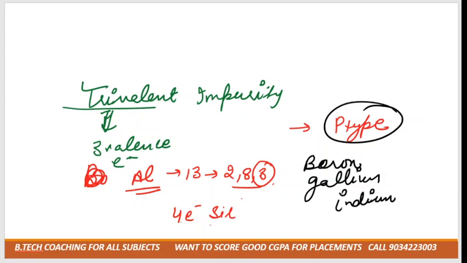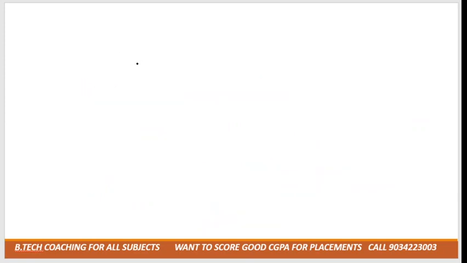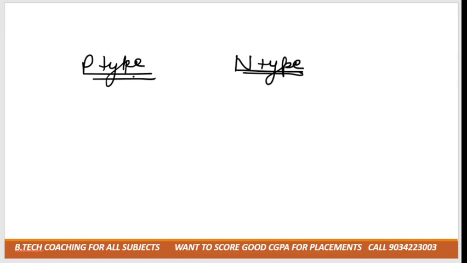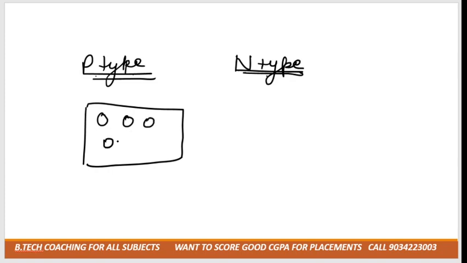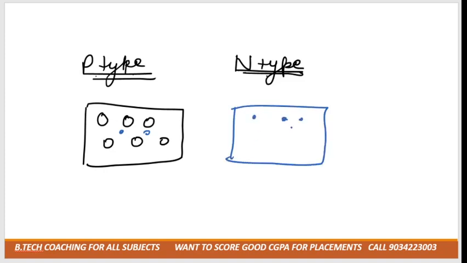Okay, now in the next part, what will happen? Scientists did a new experiment. They had two types of semiconductor: one is the p-type semiconductor and the other is the n-type semiconductor. The p-type has maximum holes and very few electrons, and the n-type has maximum electrons and very few holes, right?